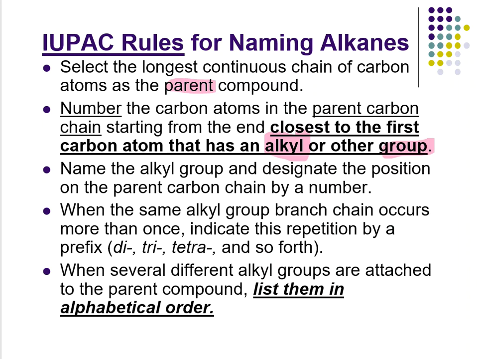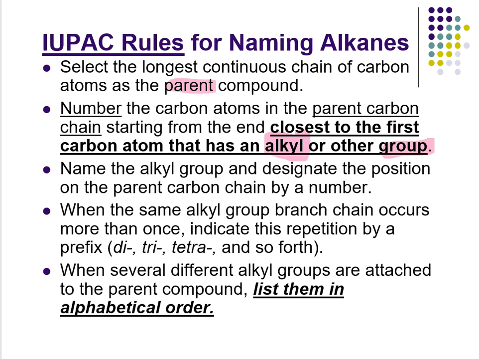You give it priority. So if you have this really long carbon chain and you have an OH group that's way over to the left, why are you going to number starting from the right? That makes no sense, right? That OH group is over on the left-hand side. Why don't you start numbering on that side? Because it's closest to the OH group. And that's exactly what we do.